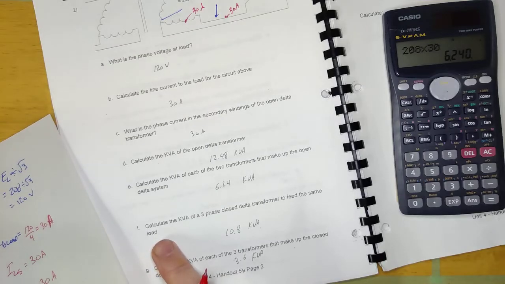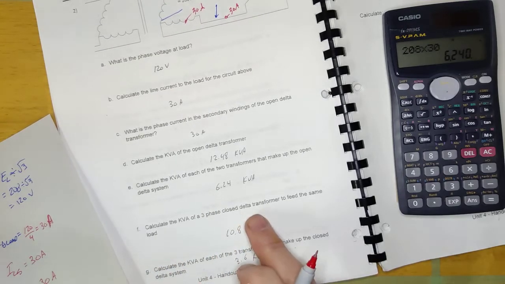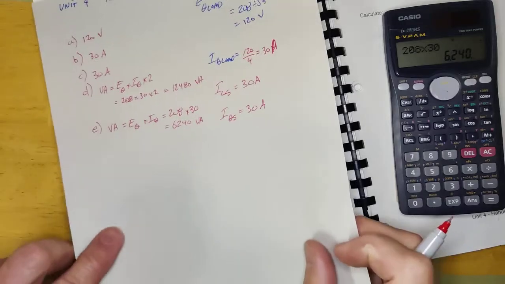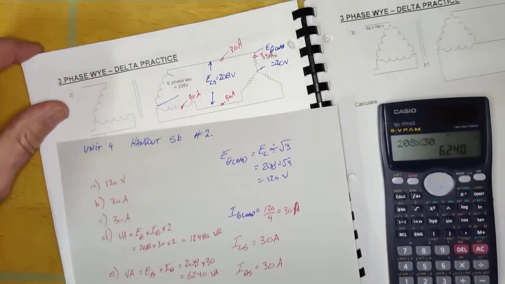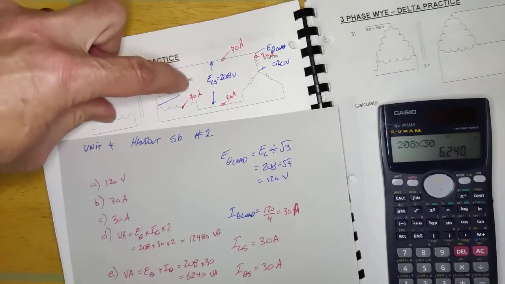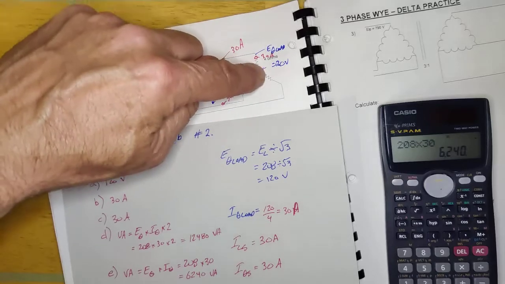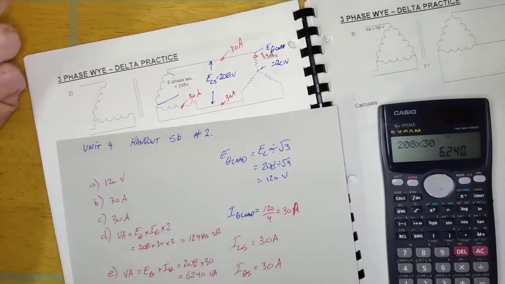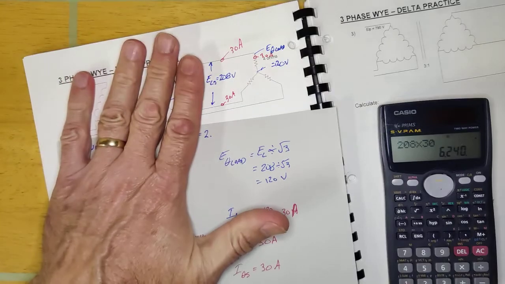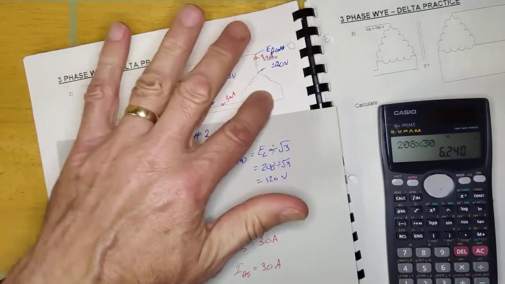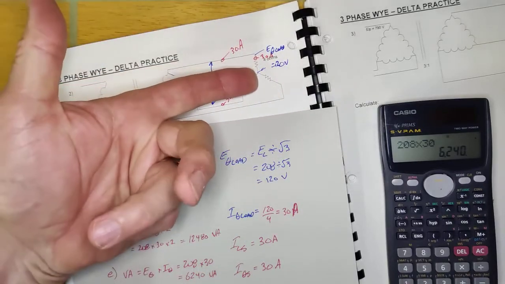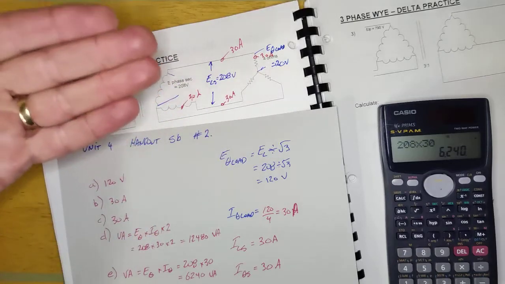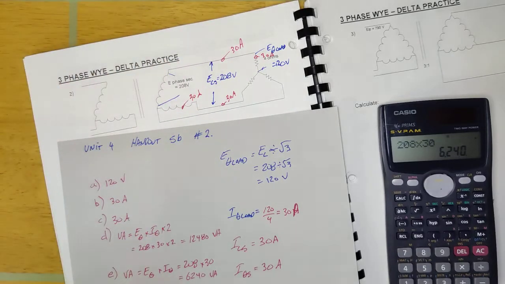Calculate the kVA of a three-phase closed delta transformer to feed the same load. So how am I going to calculate the kVA of a regular closed delta transformer to feed this load? Well, the easiest way to do it is to forget about this transformer. Just calculate the kVA of this load, and if you know the kVA of this load, you will know what size transformer you need to feed that load.